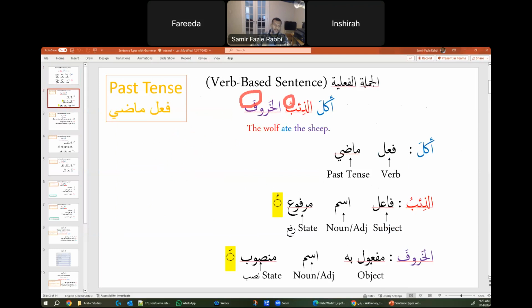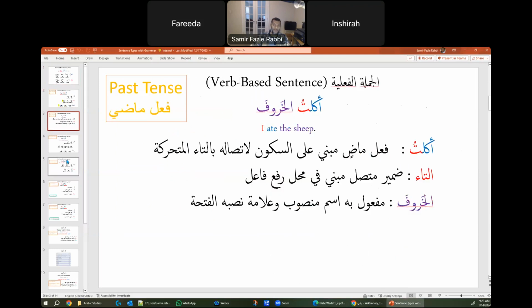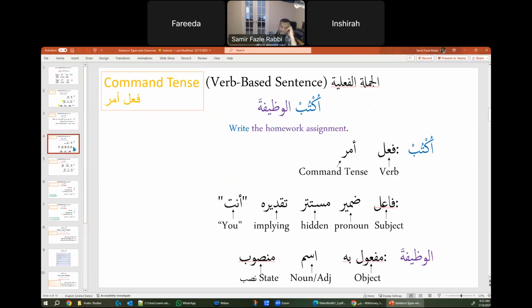That's essentially what's going to happen for all these jumla fi'liya. If it's one of these where I conjugated it, then here is the fa'il, and then the maf'ul bihi is going to have the fatha. It's not always fatha, but everything that we've done is an example so far. Here it's uktub al-wadhifata, the maf'ul bihi.